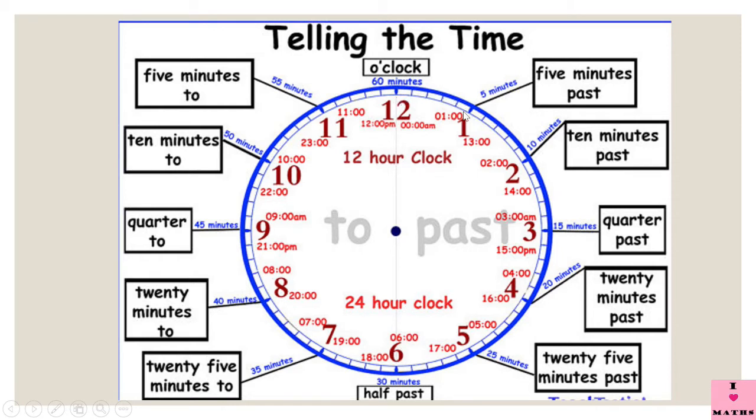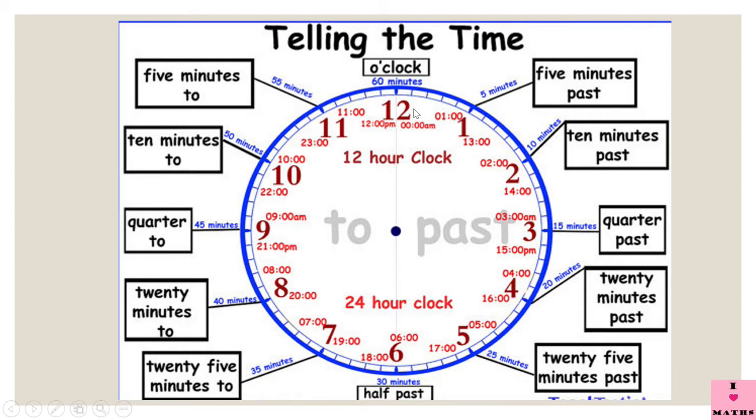Now, 1 p.m. in the afternoon is written as 1300 hours in 24-hour clock. The reason is 1 o'clock in the afternoon, or what we call 1 p.m., is actually the 13th hour of a day.